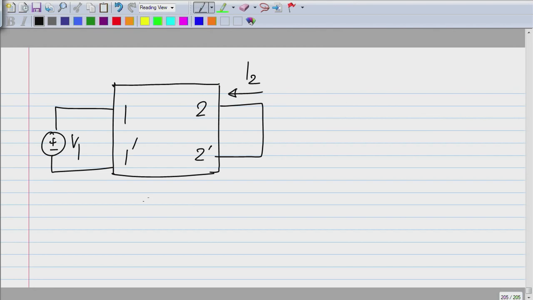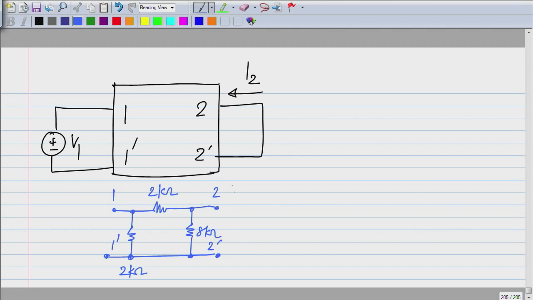So now what is the circuit I have inside this box? That is the two port network and these are the terminals, and I apply V1 here and this part is short circuited.